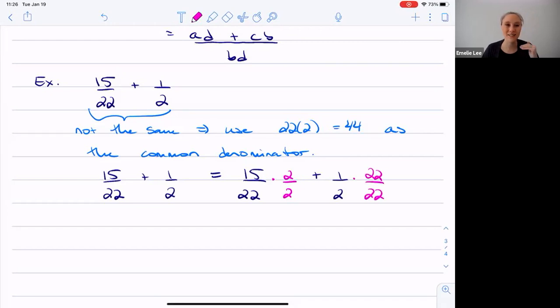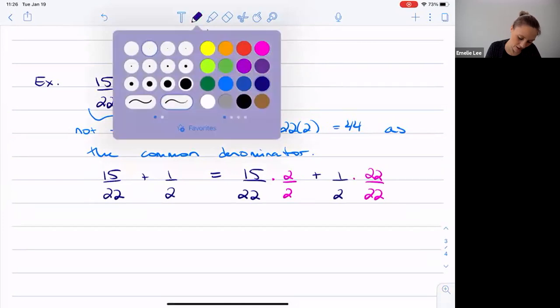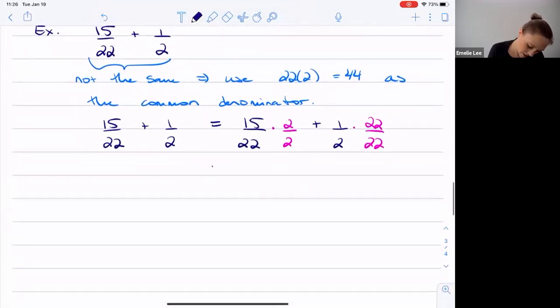Multiplying by 1 does not change the equation, right? So that's good. So now I'm multiplying across, multiplying fractions, zip those up before you go ahead and add them, right?